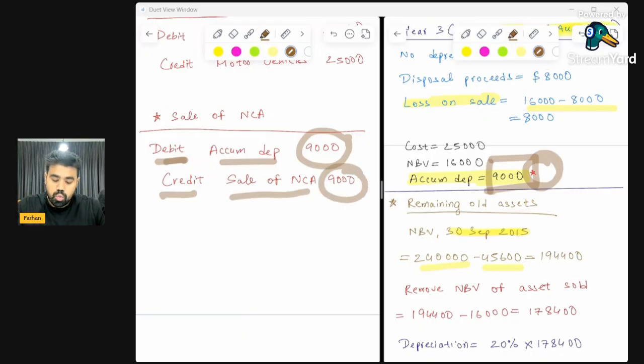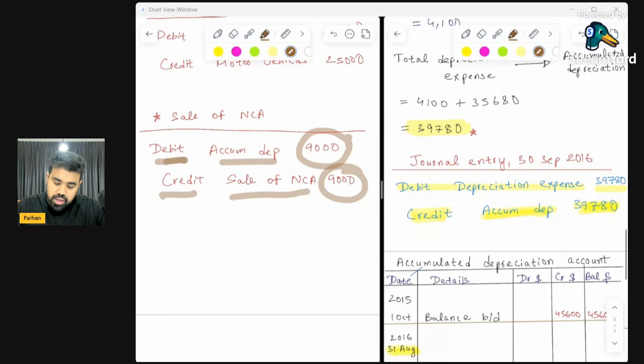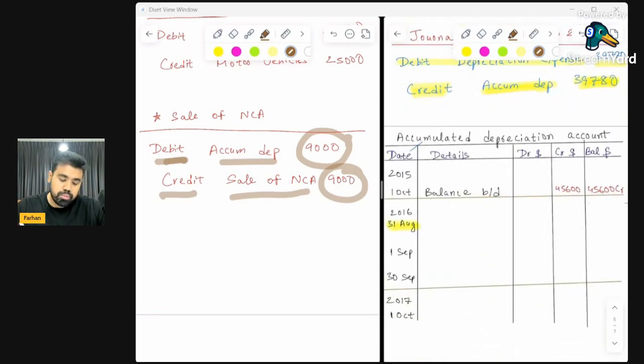Okay? Now, why do we need to know this journal entry? As you can see, the accumulated depreciation account is being debited in this journal entry, right? Which means in the ledger account for accumulated depreciation, we will record the $9,000 on the debit side to reflect the fact that we have got rid of this asset or we have sold this asset, with the relevant cross-reference in the details column being the sale of non-current asset account.